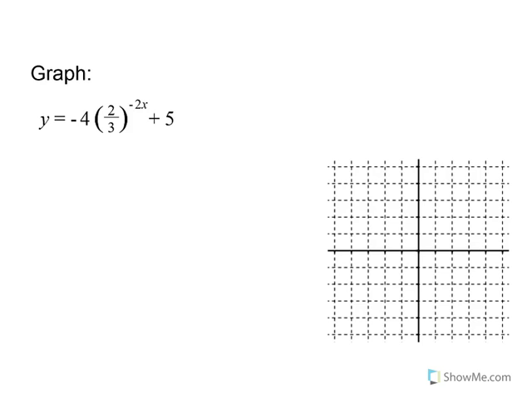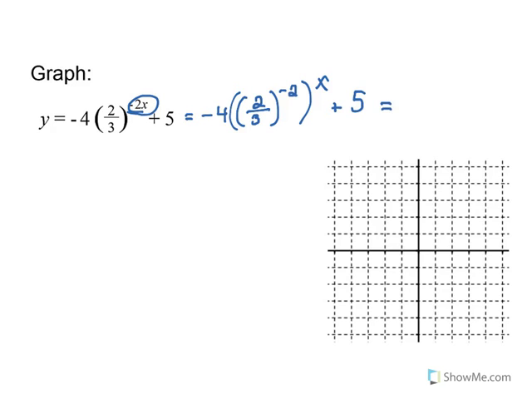Okay, so first and foremost, I notice that the exponent, negative 2x, has a negative 2 in front of the x, so we're going to do a rewrite again. This is really negative 4 times 2/3 to the negative 2, and then we raise that to the x power, plus 5. I need to figure out what 2/3 to the negative 2 power is.